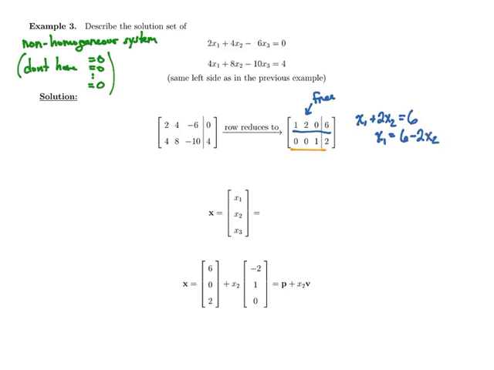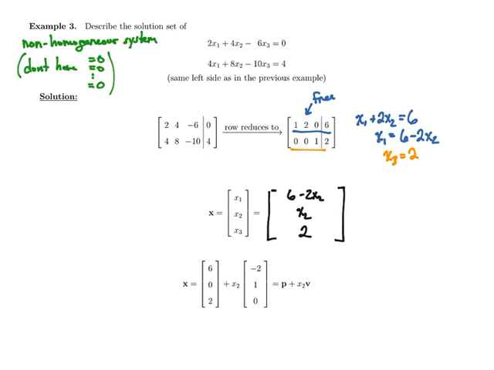And then our second row here gives us x3 is equal to 2. So writing that in vector form, we have x1 is equal to 6 minus 2x2. x2 is just equal to x2. That's our free variable, just like last time. And x3 is going to be equal to 2.